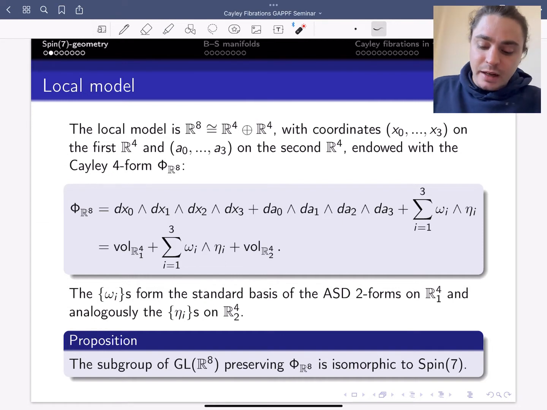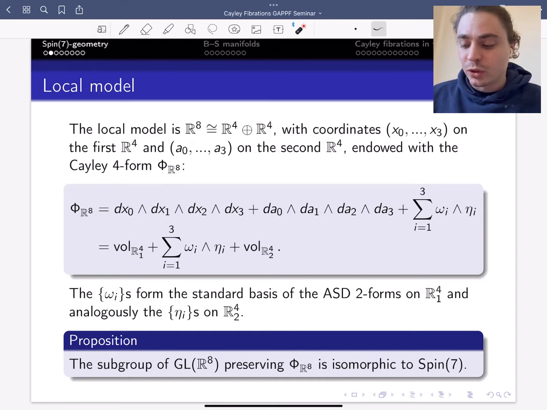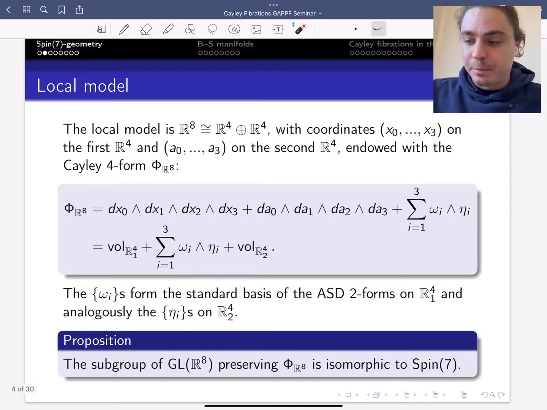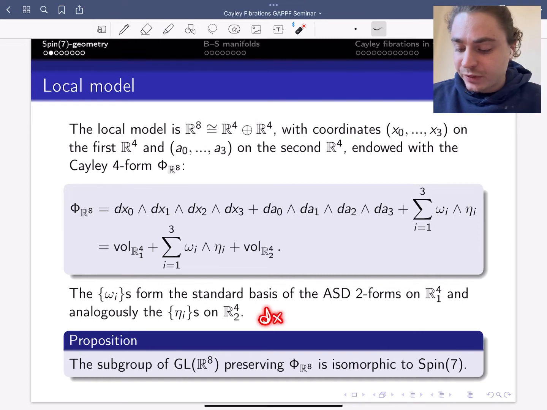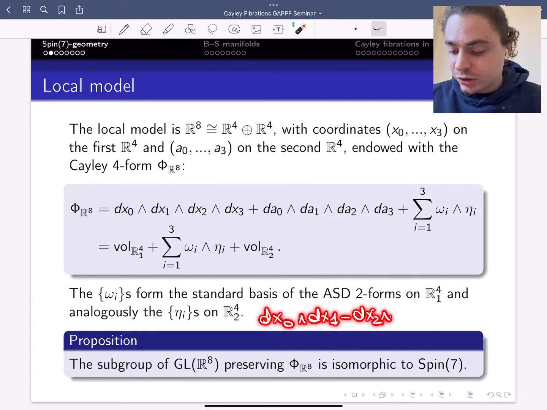The omega i's are the standard basis of anti-self-dual 2-forms on the first copy of R4, the copy parameterized by x0, ..., x3, and analogously the eta i's are the ones that we have on the second R4. Explicitly, omega 1 is dx0 wedge dx1 minus dx2 wedge dx3.